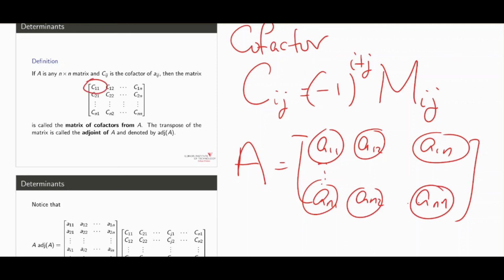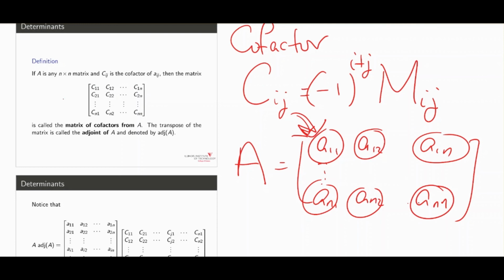This is the cofactor C11 associated with this entry, this is the cofactor C12, and so on. So if you construct a matrix where every entry is the cofactor for that particular entry in matrix A. If you forgot what a cofactor is, you had better review the first video where we talk about how to compute the determinant.